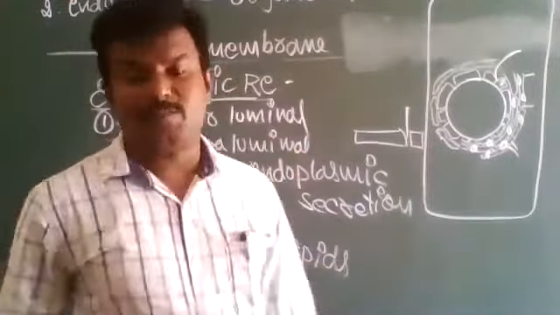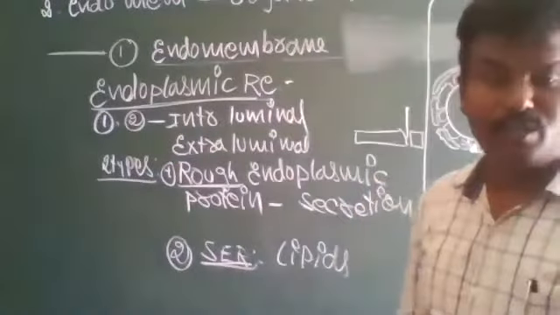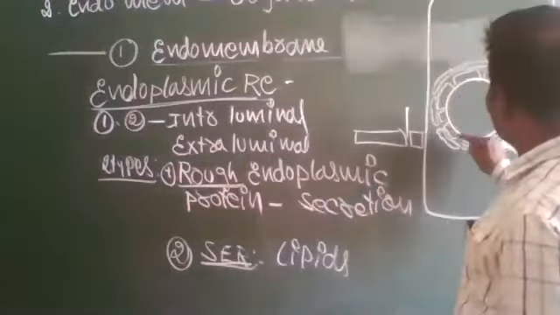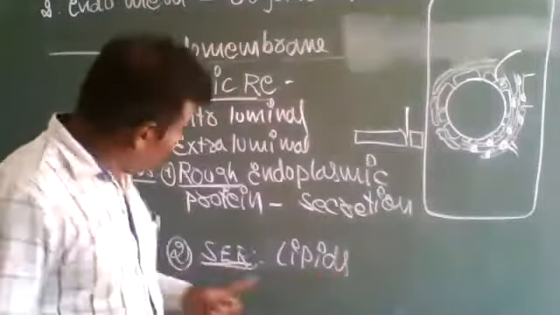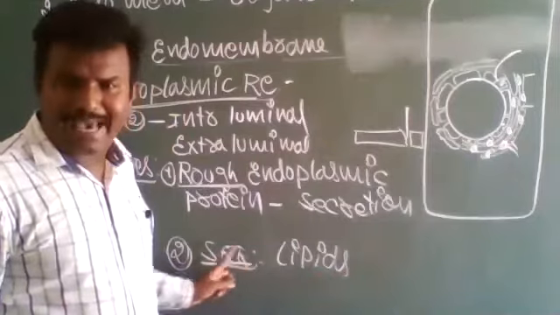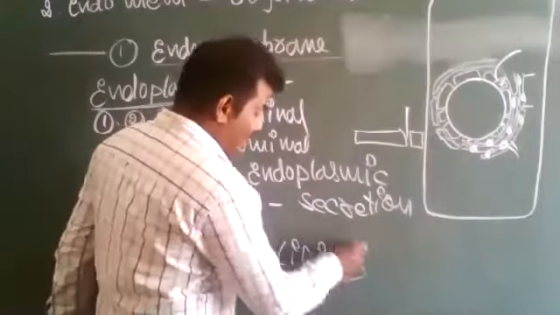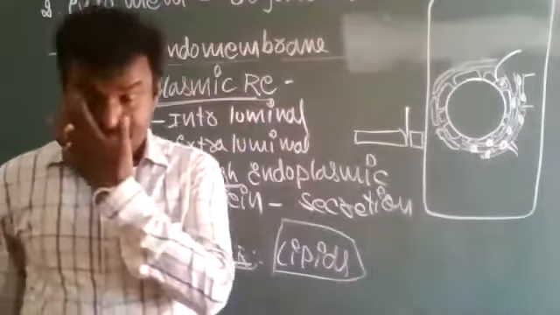What is smooth endoplasmic reticulum? The ribosomes are not attached to the endoplasmic reticulum. Such a type of endoplasmic reticulum is called smooth endoplasmic reticulum, as it is involved in the synthesis of lipids.